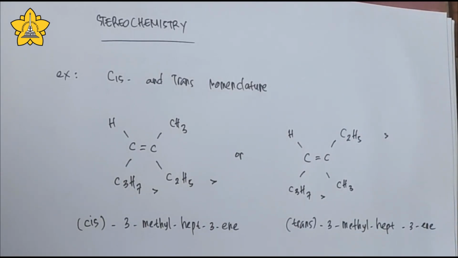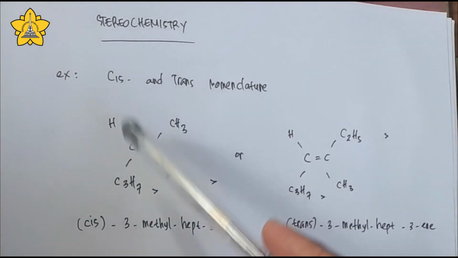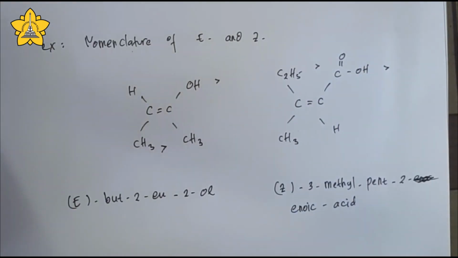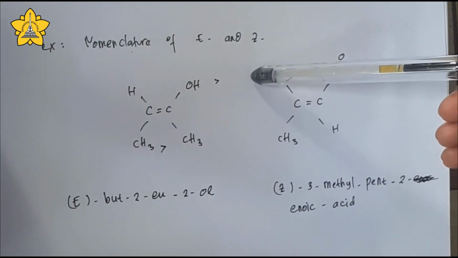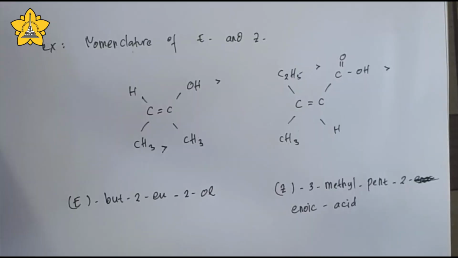And here is the stereochemistry example. As you know, there are two ways to determine stereoisomer nomenclature. First is cis and trans nomenclature, and we also have E and Z nomenclature.